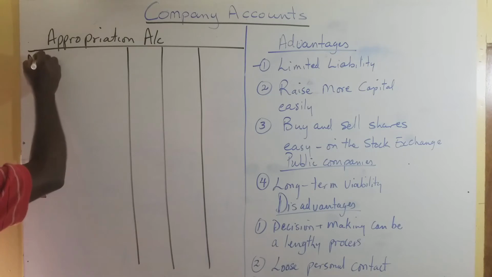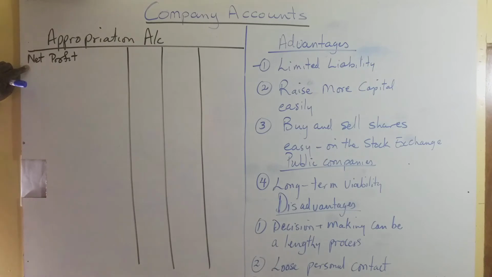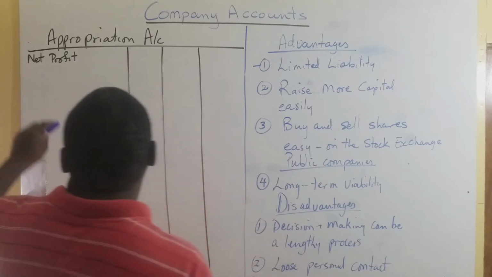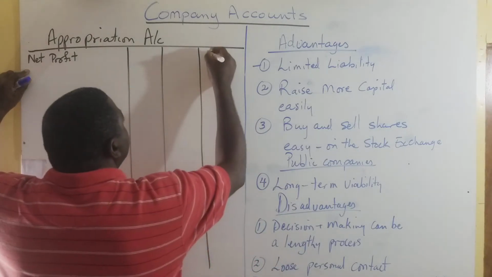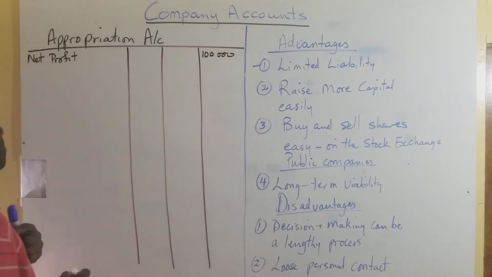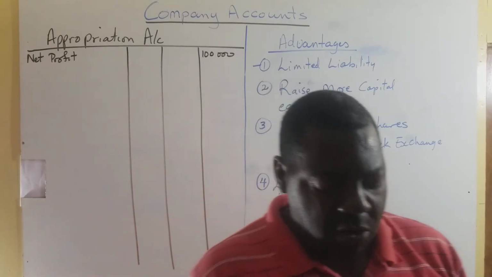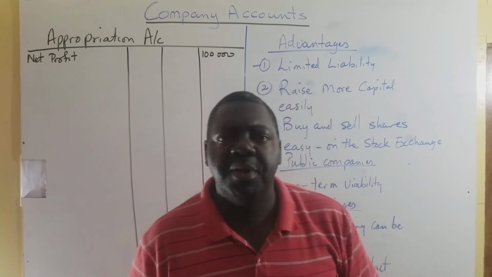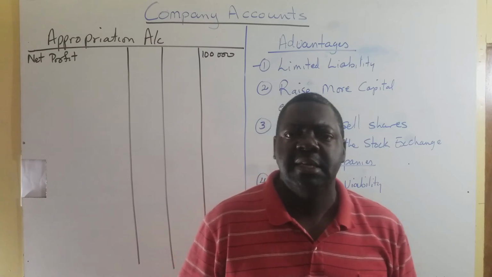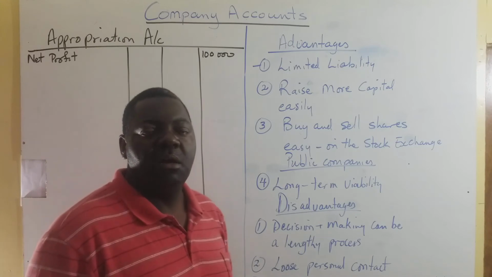So our net profit would be obtained from the income statement or the trading and profit and loss account, right? That current net profit, let us say, is $100,000. And the next activity, because companies, by law, the Companies Act, require the company to pay what is referred to as corporation tax, they now will have to subtract that from their current net profit.